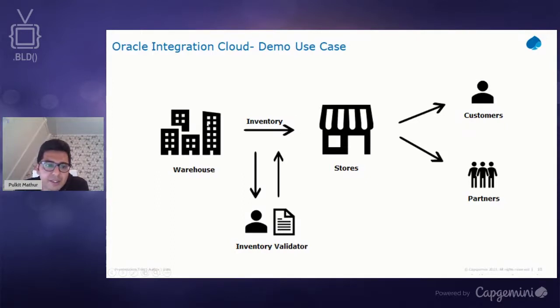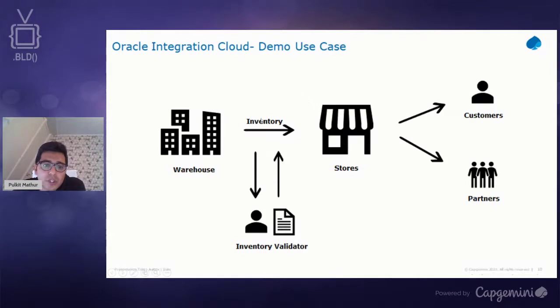Now, as you can imagine, this is a very manual process, which can lead to a lot of faults. So, for example, a customer can see something in the store that he likes and wants to buy, but because the person doing the inventory management in the warehouse forgot to mention that sofa or chair in his list, the store is not able to sell it, because it is not in its sales.